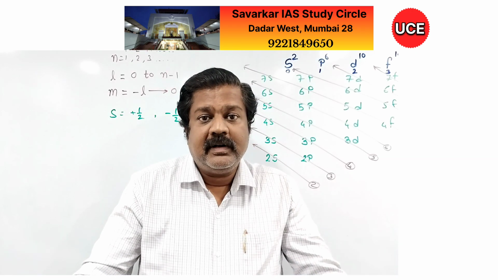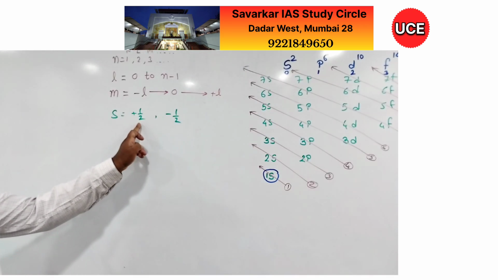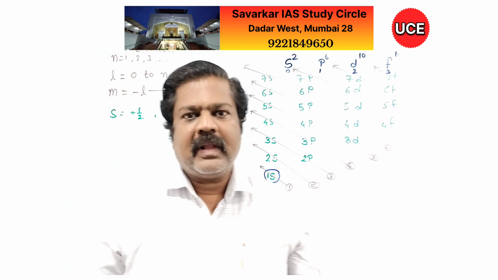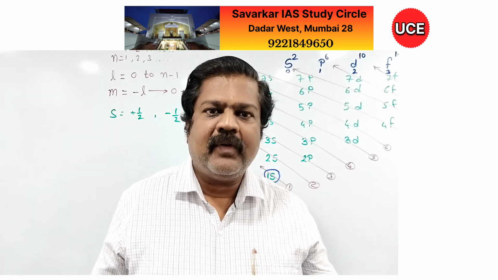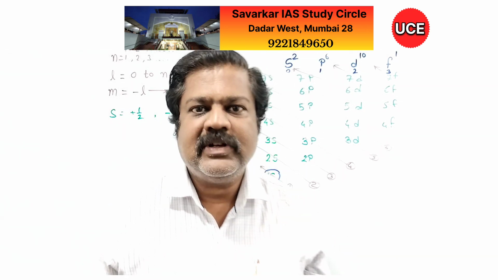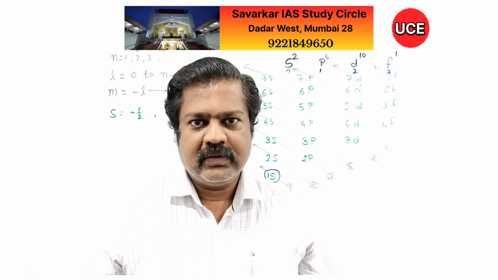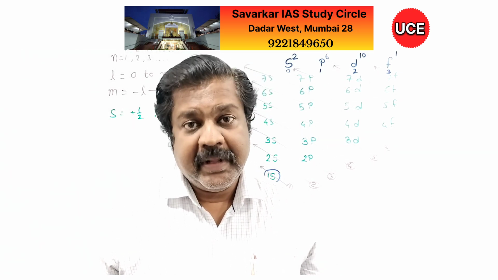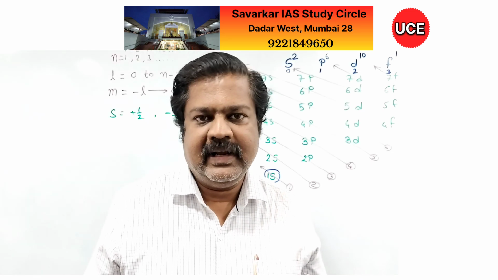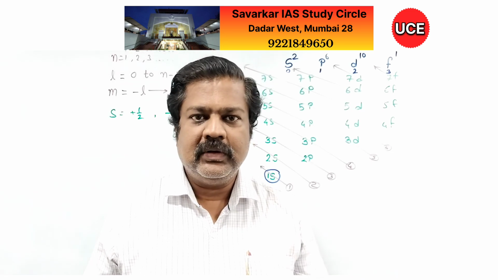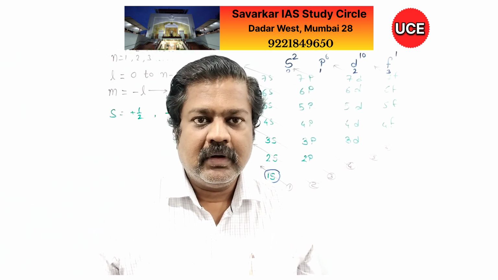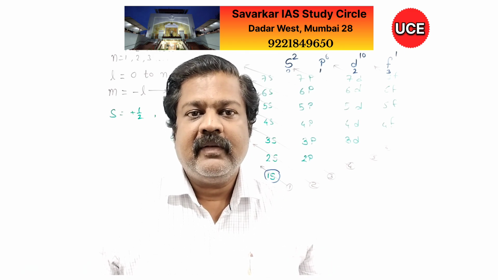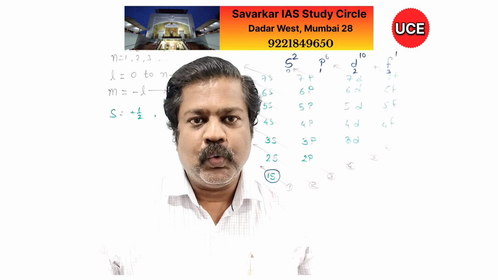Now why spin quantum number? We are denoting it in terms of plus half and minus half. I am not going into detail, but only want to explain. There are categories of particles. No doubt, electron, proton, neutron, all these things. But there are many particles, and they are categorized as fermions and bosons. If it is a fermion, the particles are denoted by values half, 3 by 2, like that.